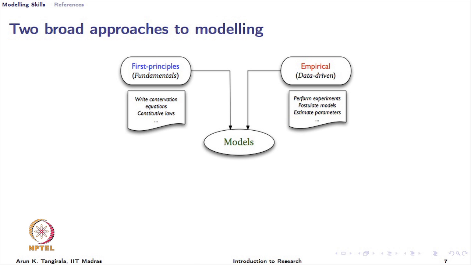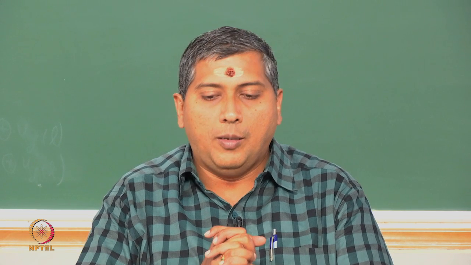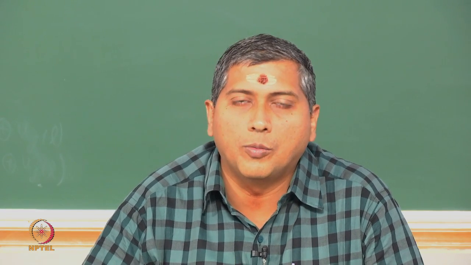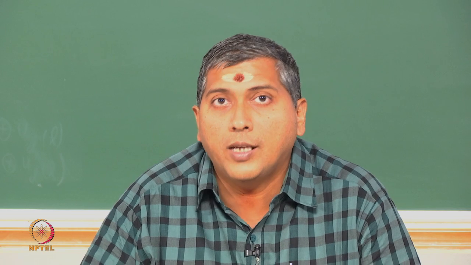And the kind of models that come out of empirical approaches are called black box models typically, where you do not incorporate necessarily any physics of the process explicitly. You work with a minimal understanding of the process, but that does not mean that there is no provision for incorporating the physics of the process or whatever you know about the process a priori.